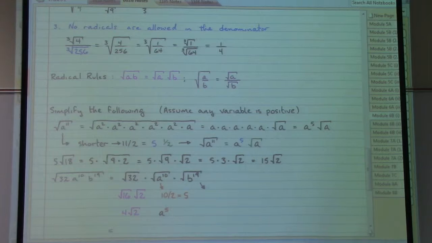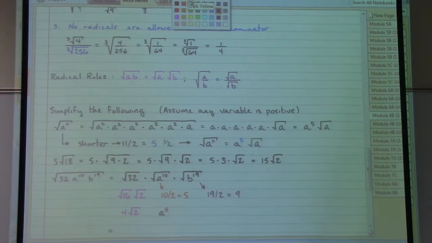What about our B stuff? Well, our B stuff, shortcut says start with the original power of 19, divide that by 2 because this is a square root problem. When we do so, we are going to have a 9 and 1/2.